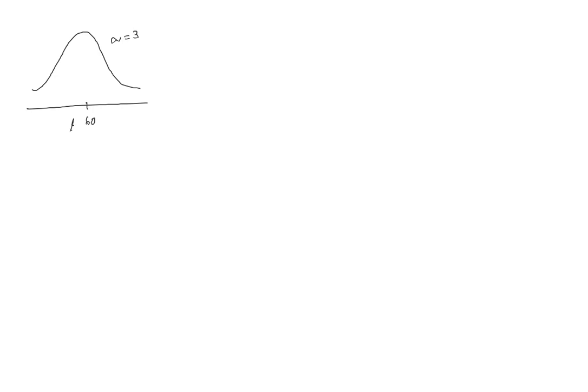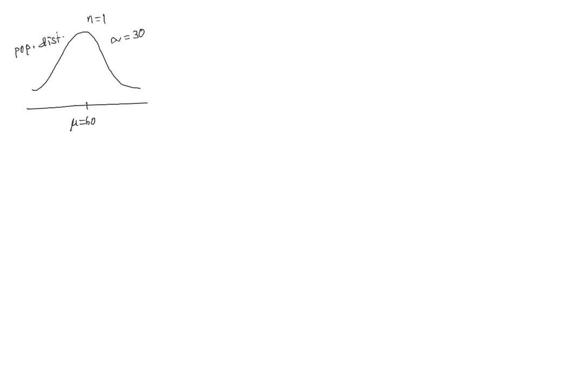Now you take a sample of size 25. For a sample of size 1, n equal to 1, that is the population distribution. So make sure that you understand the distinction between population distribution and sampling distribution.